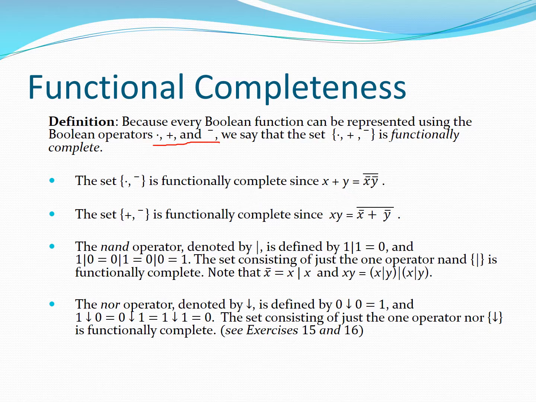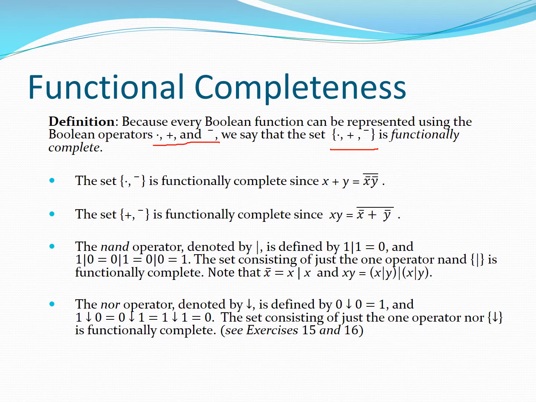And therefore we say the set of operators containing the product, the sum, and complement is functionally complete. In other words, a set of operators which can let you completely define any Boolean function is said to be functionally complete.